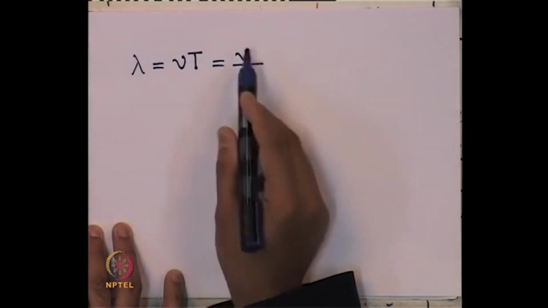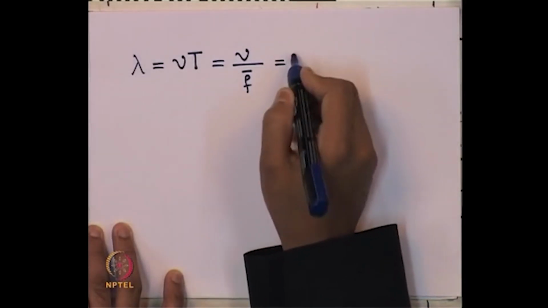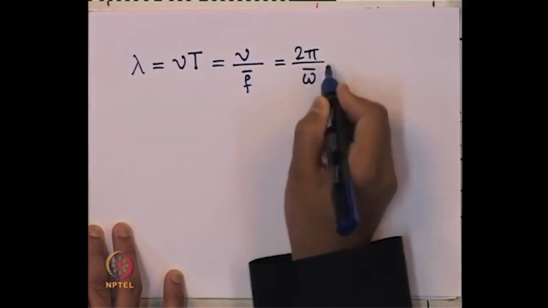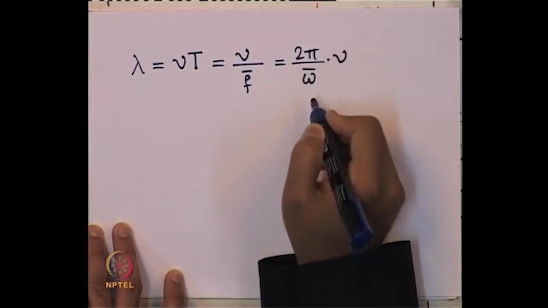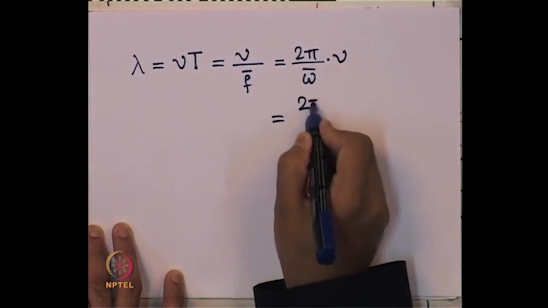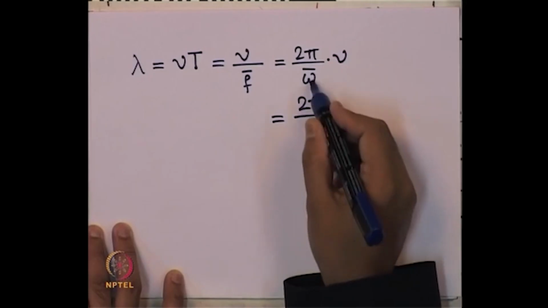So, time period we can always write as 1 by f, which is nothing but 2 pi by omega bar times that v, which on simplification is 2 pi by k, because k is nothing but omega bar by v.